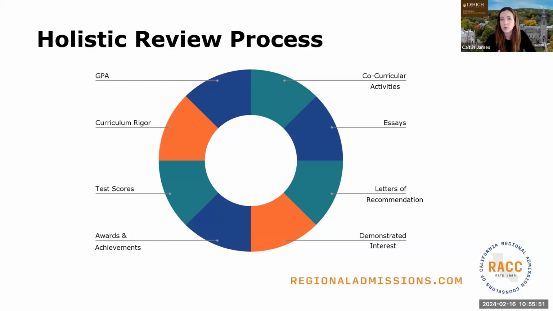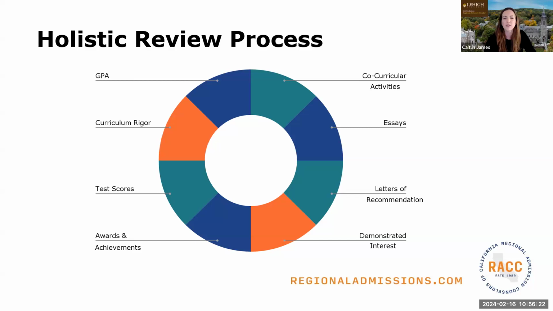Some schools might look at test scores. In a lot of cases, those are test optional or might be required these days, depending on the school. But that might come into consideration depending on where you're applying. Awards and achievements. So this is something that you really want to share more about yourself, anything that you've accomplished, whether it be a small award inside school, whether it be a competitive one in athletics or in the arts, or whether it be a nationwide skills competition, whatever it might be, we certainly want to know about that.